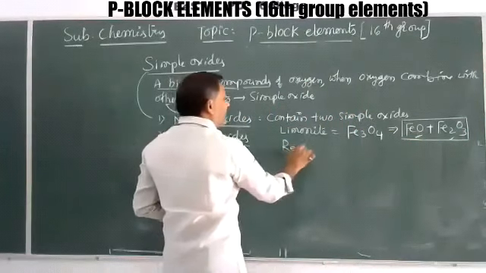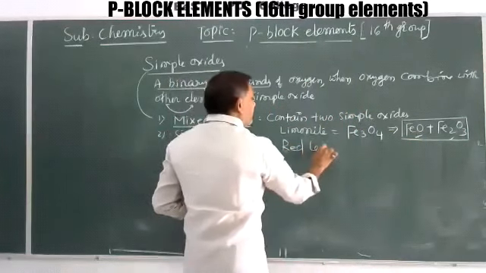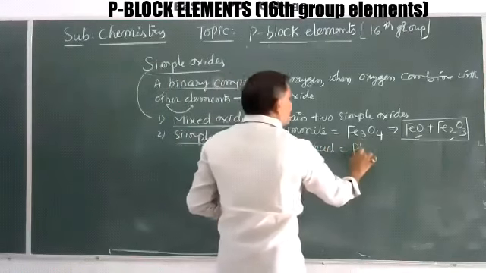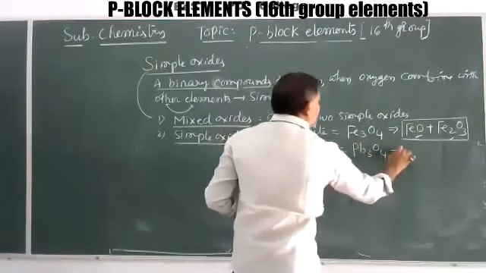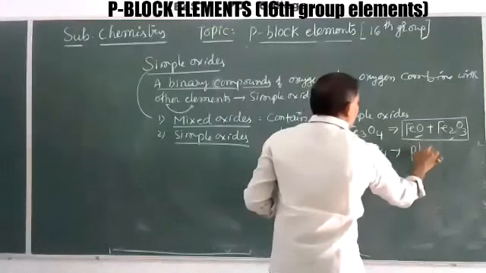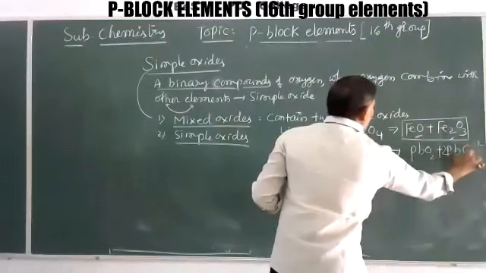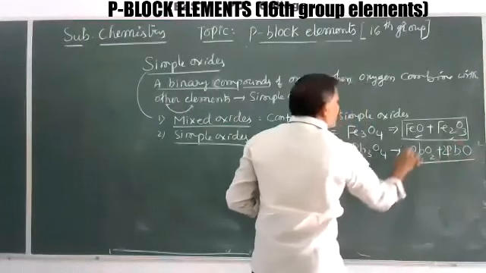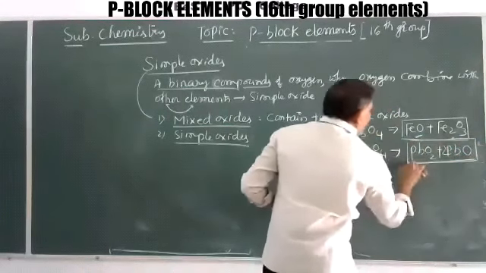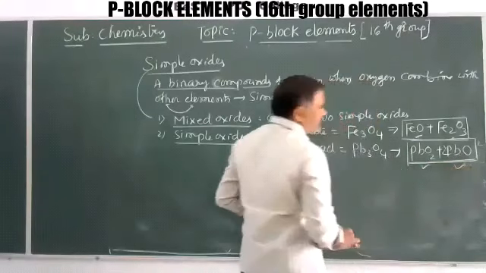Another important example is red lead, Pb3O4, which contains PbO2 plus 2PbO. These are some important mixed oxides. They contain two simple oxides.